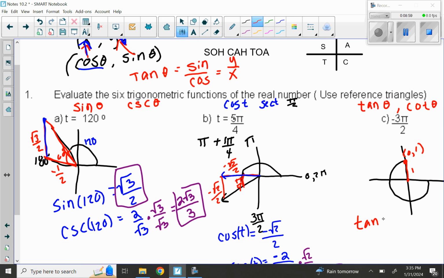So tangent of our angle, well, your y value is 1, your x value is 0, that is undefined. So, well, then our cotangent, the reciprocal, well, if we flip 0 over 1, that is 0.